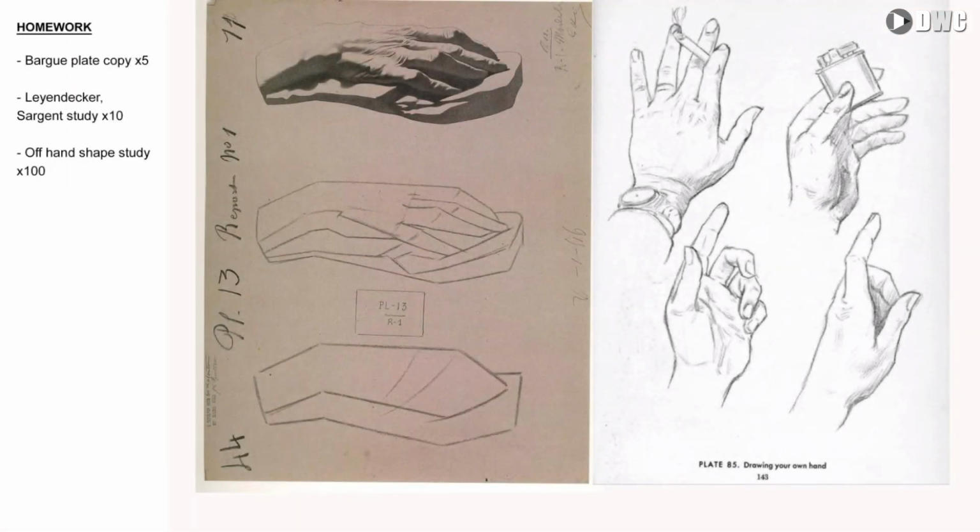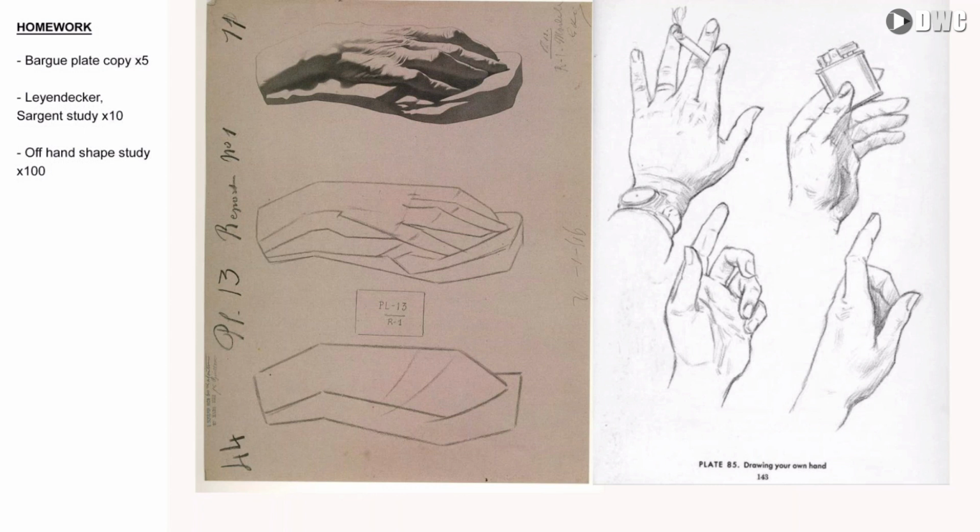Now for homework, we can just do a couple Bargue plates. Bargue has some excellent hand plates. We saw a bunch here. I would literally copy the diagram step by step. It'll give you a good understanding of what we talked about here and how to use shape to draw the complex hand. And Bargue will help teach you that. Then do a couple of Leyendeckers.